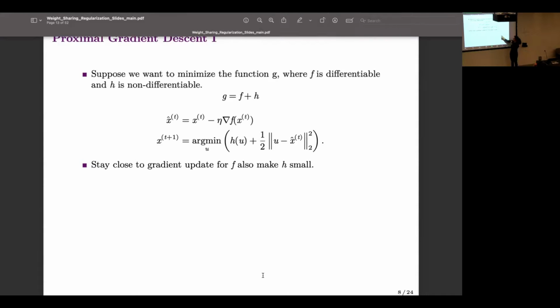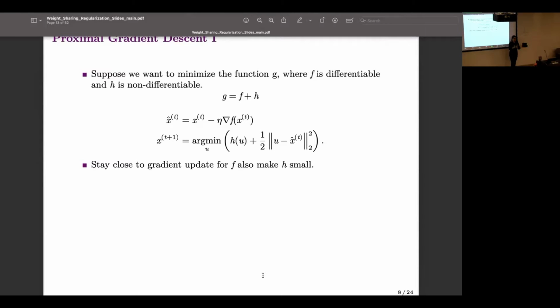However, take this point, x hat, that you obtained from a simple gradient descent step, and stay close to it, so remain in this ball around the x hat that you just obtained, and then minimize h of u around this ball.